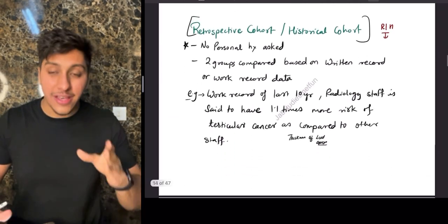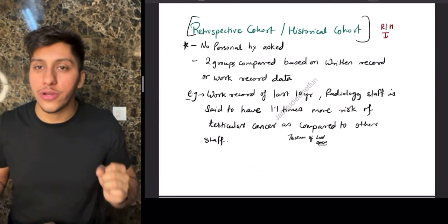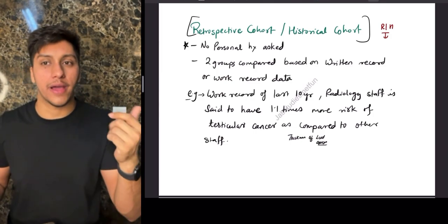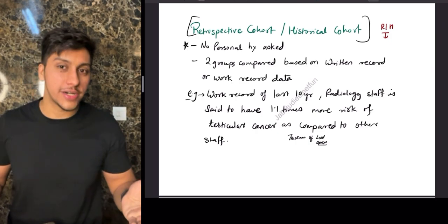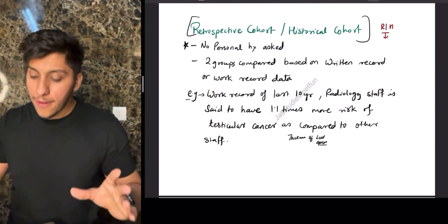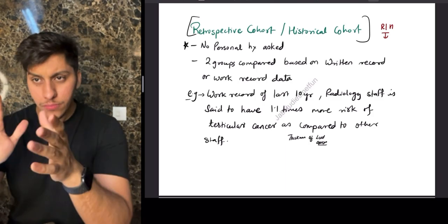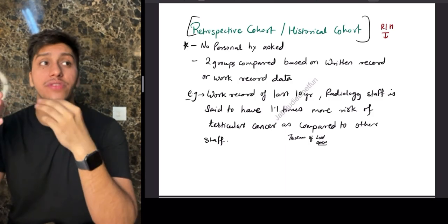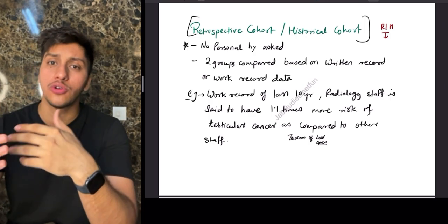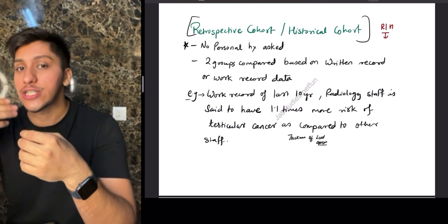One type is known as retrospective cohort or historical cohort. Retrospective means going back. History also means going back. So why are we going back in a cohort study when this is a prospective study? Retrospective cohort means, let us imagine some data with respect to radiologists who are very commonly exposed to radiation, and their chances of getting testicular cancer.